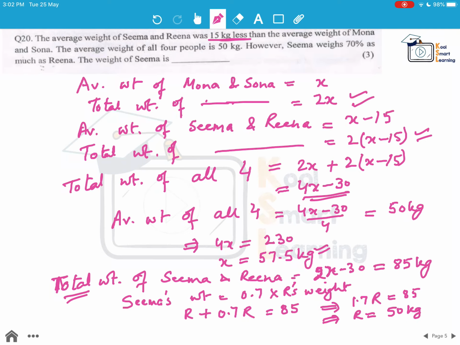And now since Seema's weight is equal to 70% of Reena's weight, this will be equal to 35 kg. So 35 kg is the answer to this question. Right? Seema's weight is 70% of Reema's weight, which has come out to be 50 kg. So that gives us Seema's weight to be 35 kg.